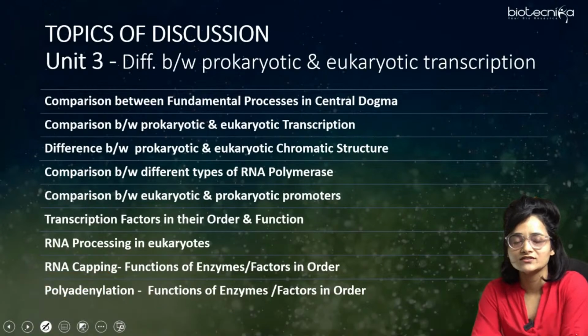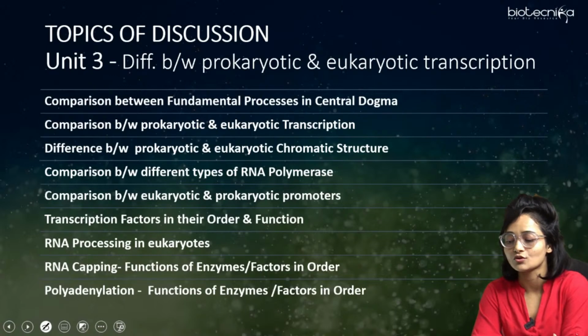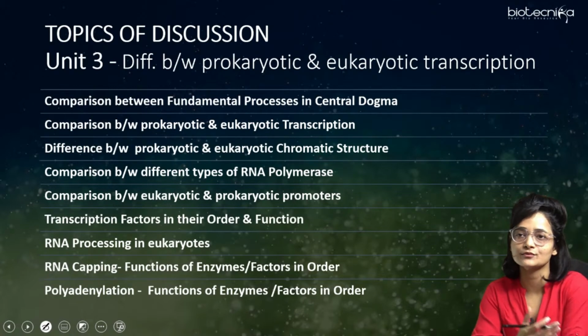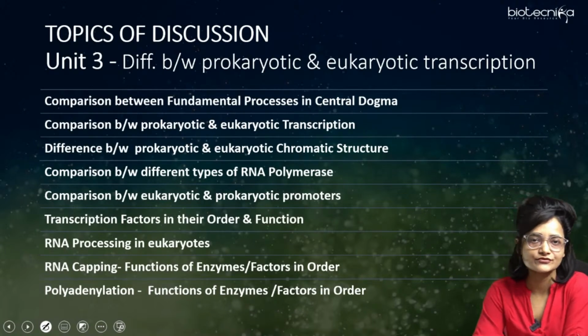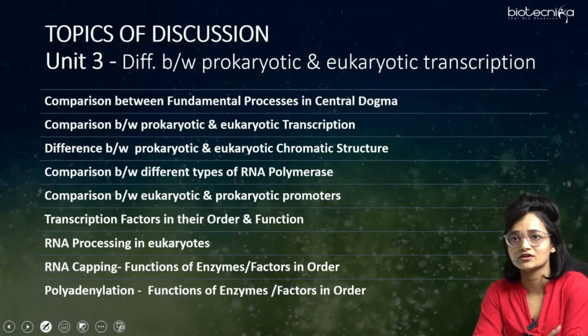So the topic of discussion today is the difference between prokaryotic and eukaryotic transcription. Here we'll be comparing the fundamental processes of the central dogma, that is transcription, translation, and replication. What is the difference between them and how do they differ in prokaryotes and eukaryotes? We'll be doing many comparisons, like how the chromatin structure of eukaryotes and prokaryotes differ.